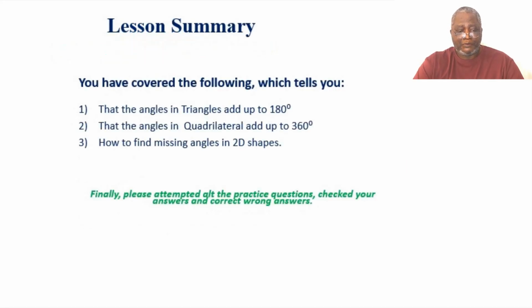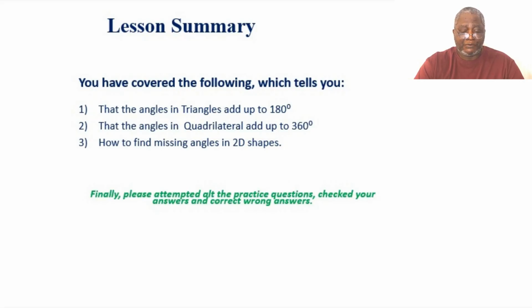And before we go, let's take a look at what we've learned from this very short lesson. You've covered the following, which tells you that the angles in triangles add up to 180 degrees. It also tells you that the angles in quadrilaterals add up to 360 degrees.